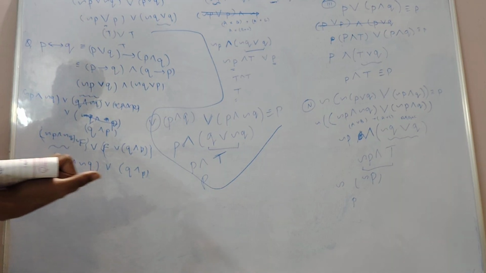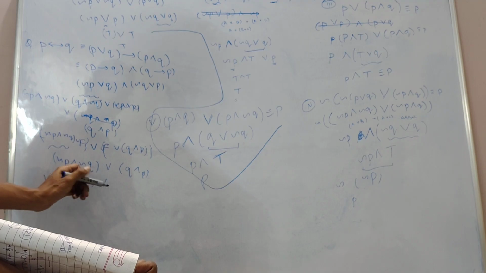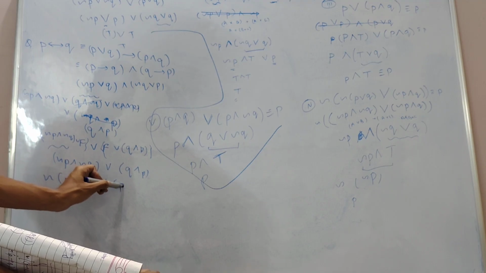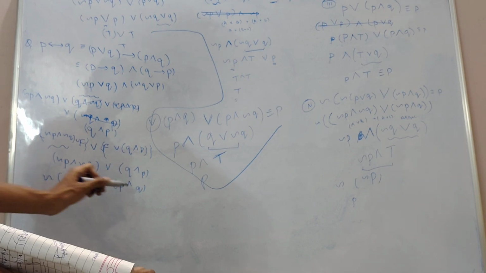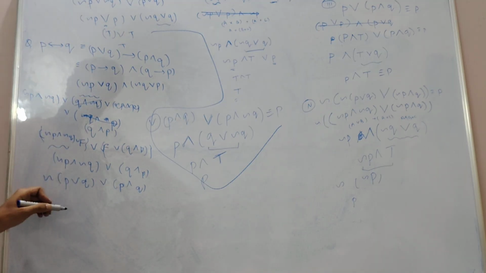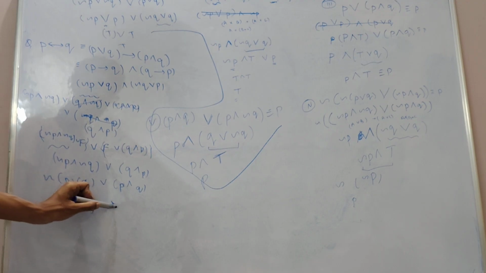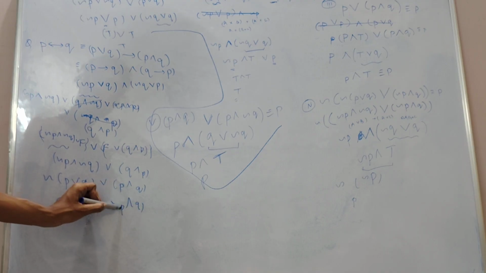Now this will be negation of P or Q or P and Q, right? So this can be written as P or Q implies P and Q. Hence proved.